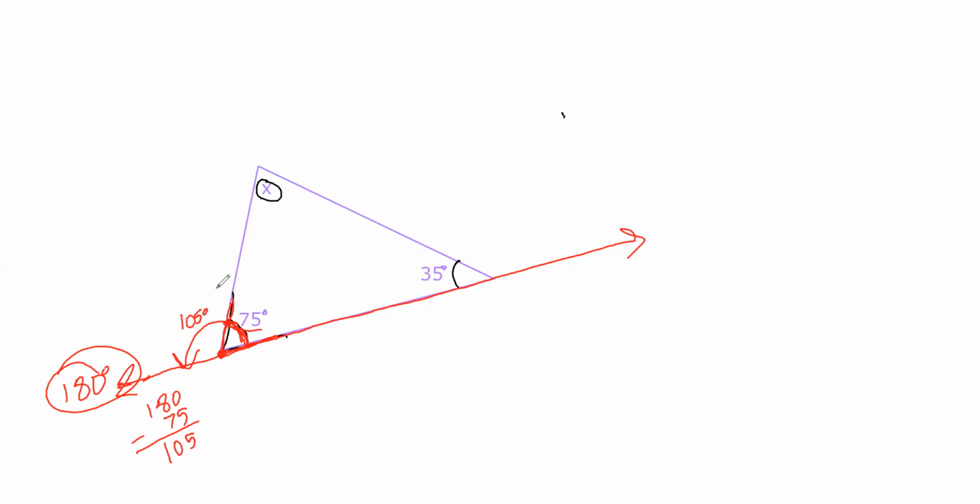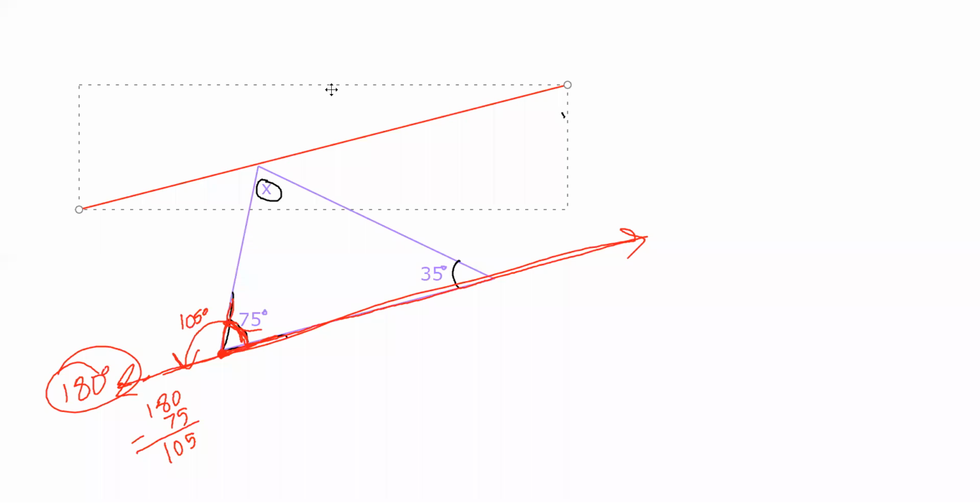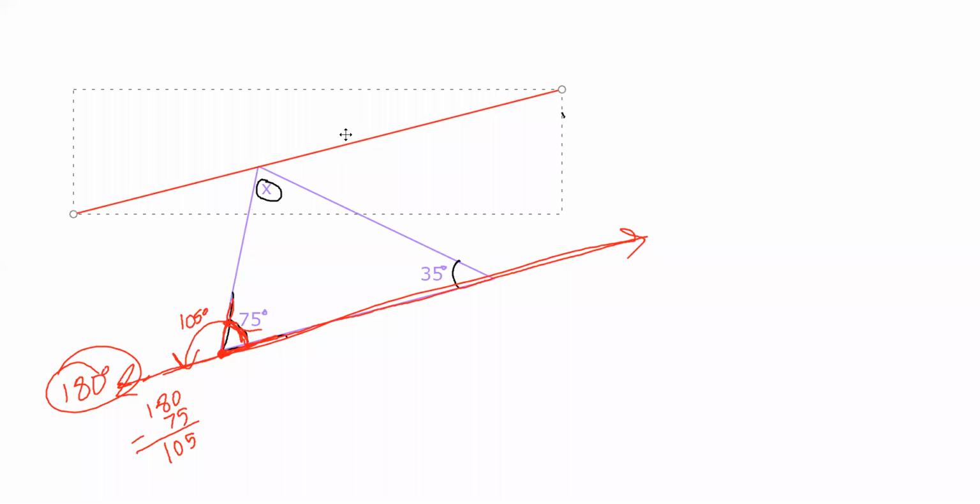Now, that's not the angle that we're finding, but this is important to understanding how the angles of a triangle work. So if we think of this line as a straight line, and we draw another parallel line along this particular path.